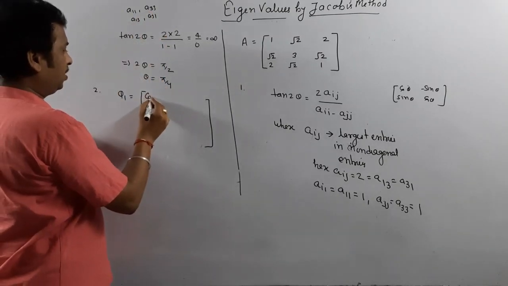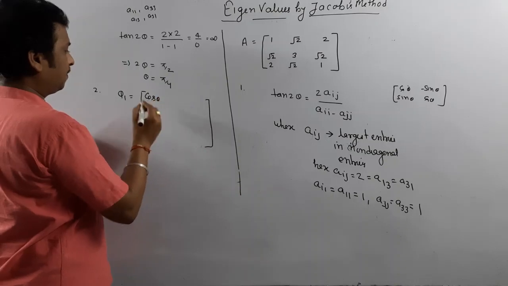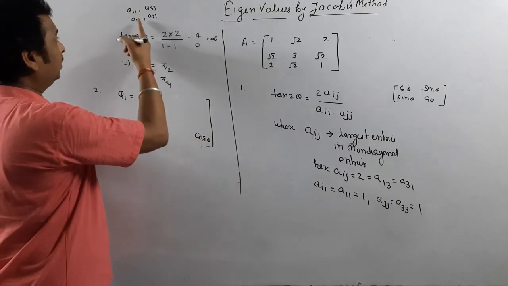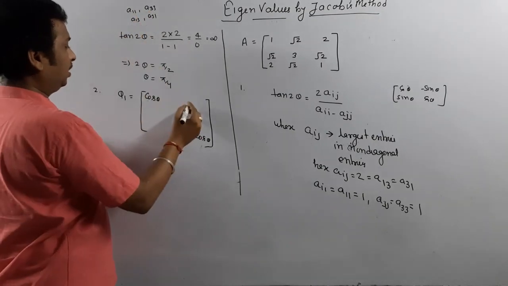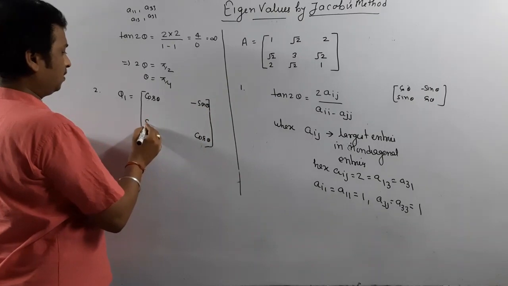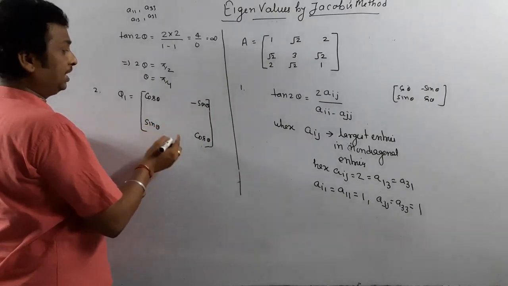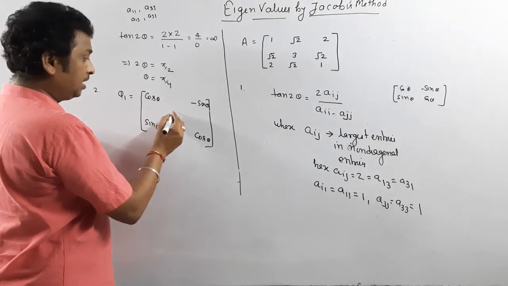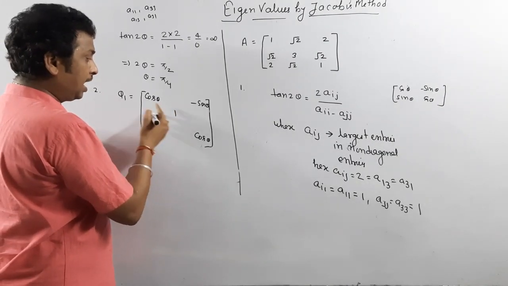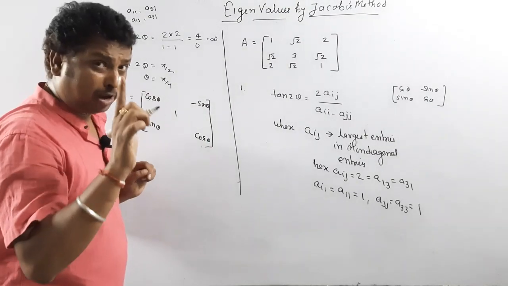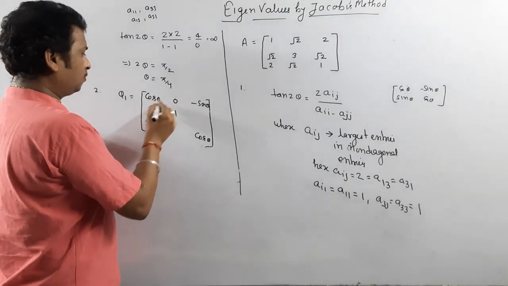So A11 gets cos theta, A13 gets sin theta, then A31 gets minus sin theta. Just put entries in that way. Once you put these entries, two diagonal entries are filled, the last diagonal you have to fill with 1, remaining all 0.